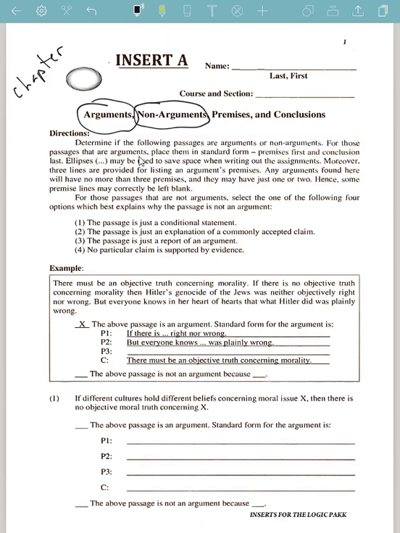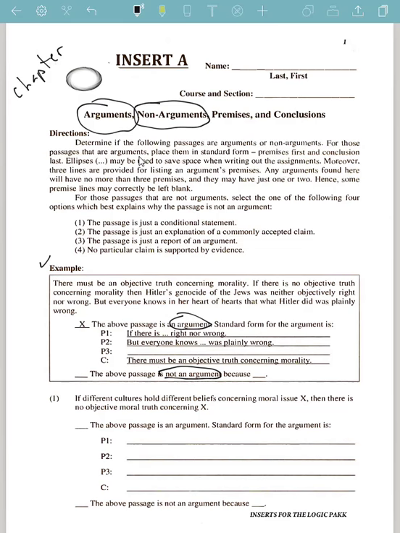When we're looking at a passage, such as this example down here, any passage in this assignment can either be an argument or a non-argument. And what's really fascinating is eventually you'll find that we're going to learn argument patterns.